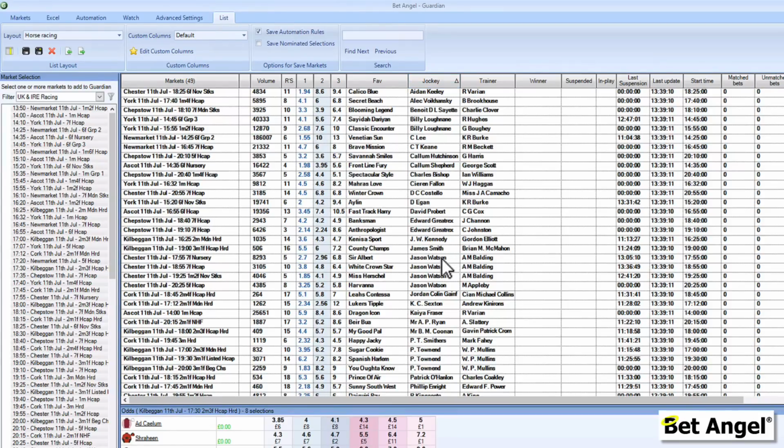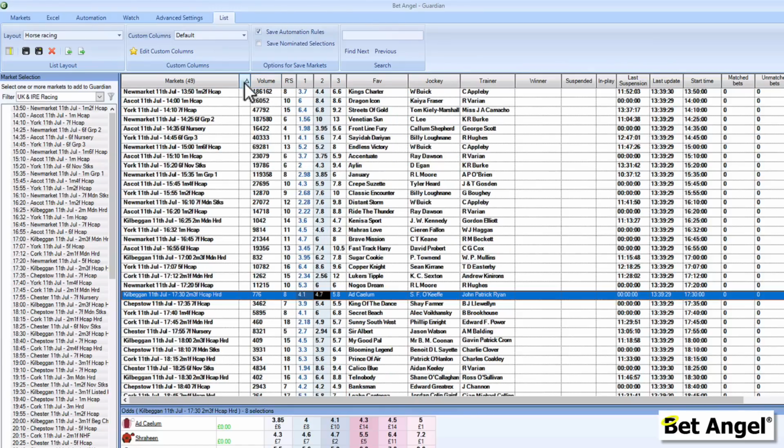So we can see here Jason Watson again with Andrew Balding at Chester. So that immediately brings your attention there, saying I should pay a little bit more attention to Chester today if that first one goes in. Because that may set off a bit of a gamble. But you can do these sort of interesting things with Guardian by putting these additional features within there. So it's always pretty helpful to do that sort of stuff.